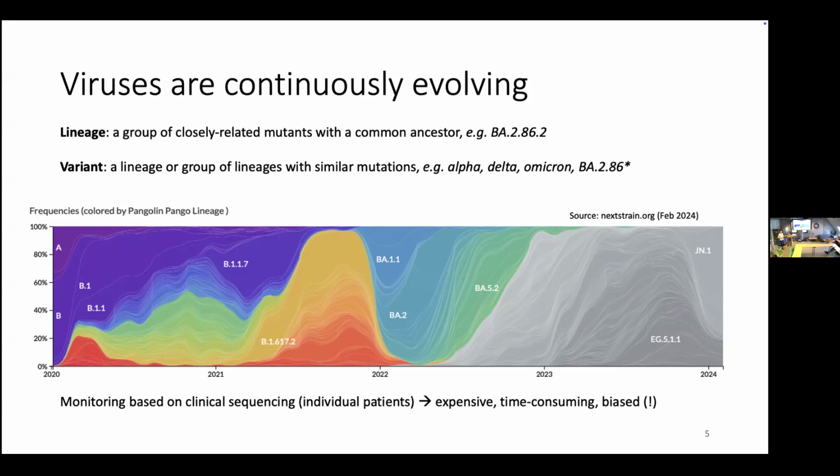But obviously this is very expensive. It's time consuming because you have to analyze many samples. And it's also biased towards patients that are very sick and come to hospital. Right? You don't see the ones that don't have any symptoms or barely any.